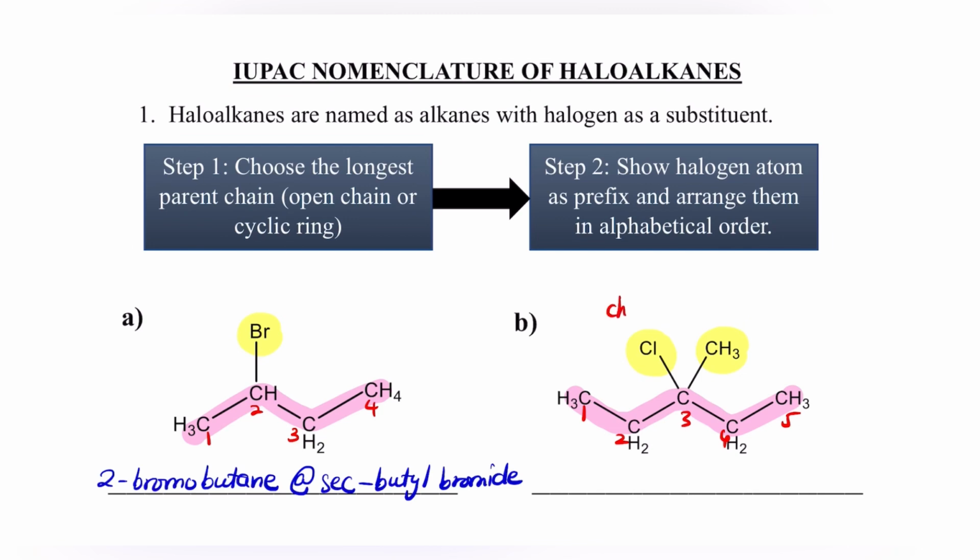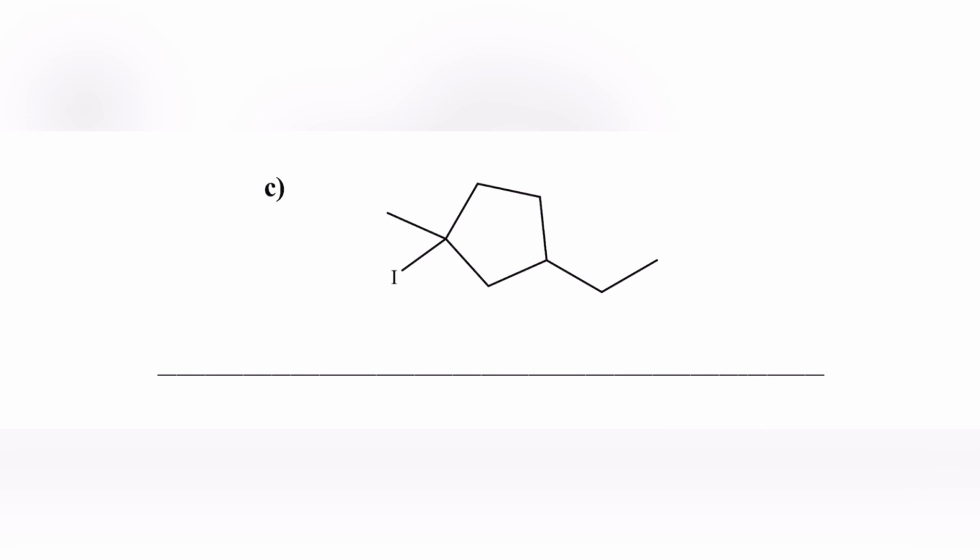So this is chloro, this is methyl, and both of them are at the same carbon atom, the third carbon. So when we want to give the full name, make sure you arrange them in alphabetical order. So I'm going to write as 3-chloro-3-methylpentane.